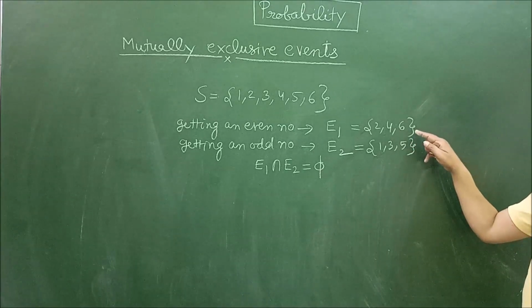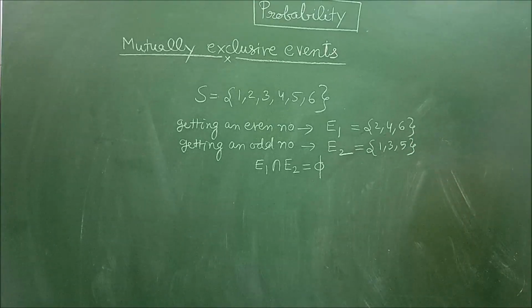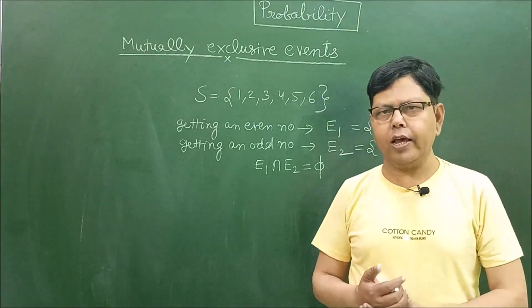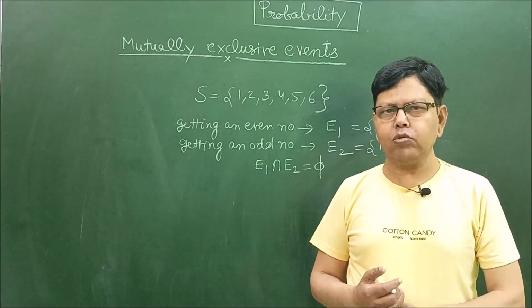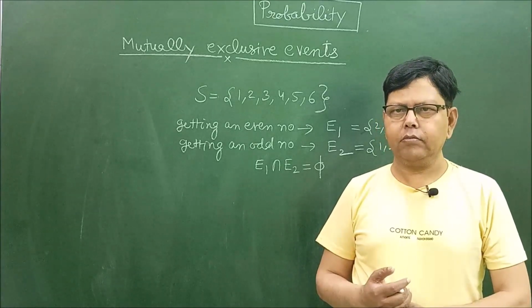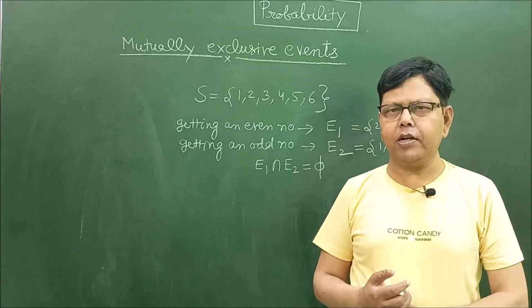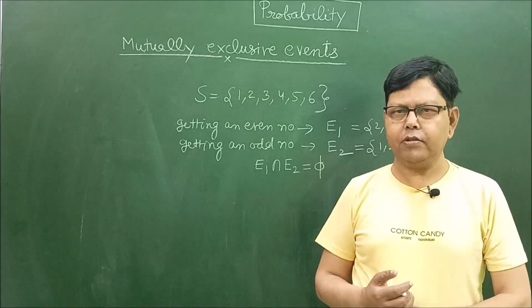If you get an even number, then you cannot get an odd number. So these types of events in which no element is common are known as mutually exclusive events. If one of these events happens, then the other event cannot happen.